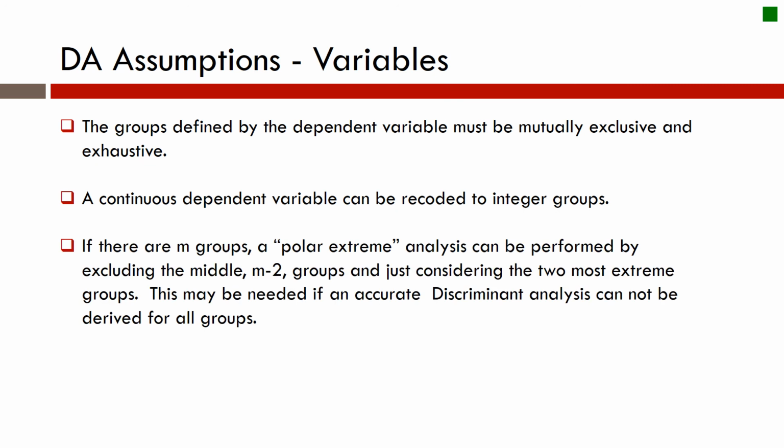There's the polar extreme method, and there are other methods too, but basically if I have a continuous dependent variable, one thing I may do is order my respondents from highest to lowest, and split the group up.